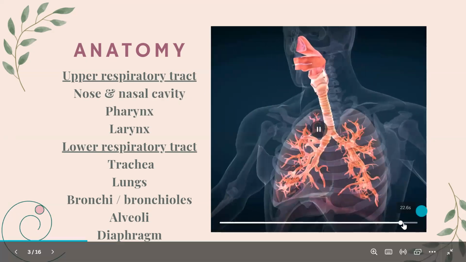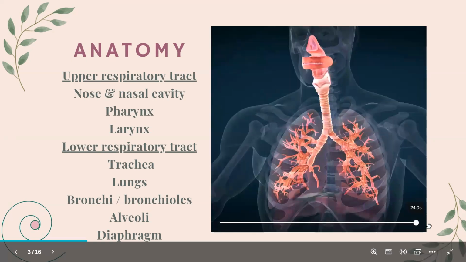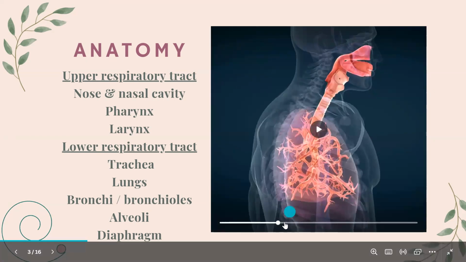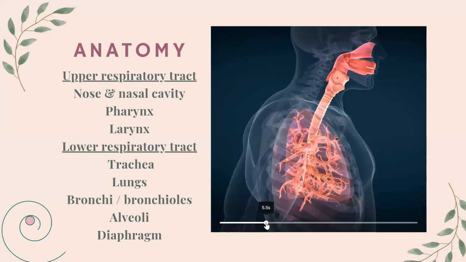So let me go ahead and get our model turned here. Let's go from this direction. Okay, so this gives us a little better view at the upper respiratory tract. You can see our nasal cavity up here, also known as our nasal sinus. We have a few different sinuses within our skull, or some areas that have space.